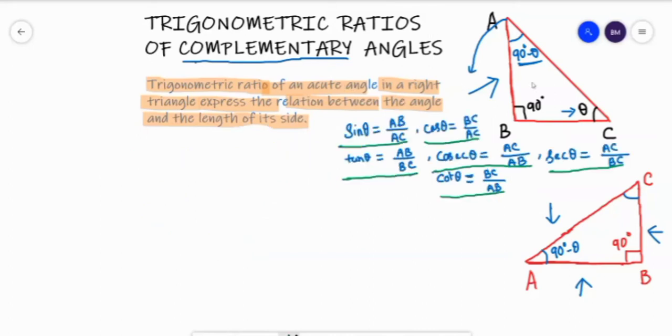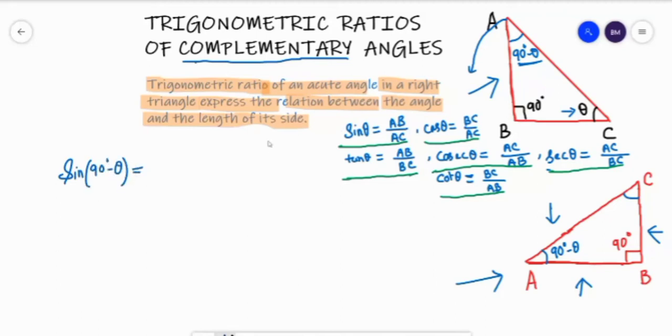For this triangle ABC, the ratios are sin theta equal to AB by AC, that is height by hypotenuse, and cos theta. These are the 6 trigonometric ratios. Now for this triangle, the acute angle is 90 degree minus theta. So we find sin of 90 degree minus theta.